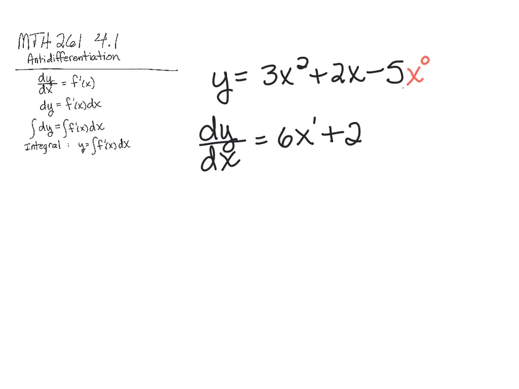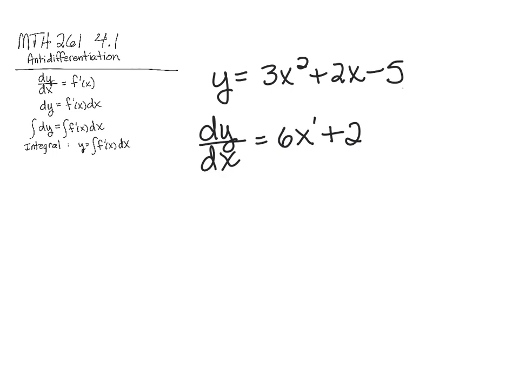Now, if we took the derivative of this, a power rule derivative, we would take that 0 and multiply the 5, right? So we would get 0 times x to something here. So when you took the derivative of a constant, you remember that that guy went completely away. And that's important to remember when we're going backwards. So this derivative has a plus 0 at the end of it.